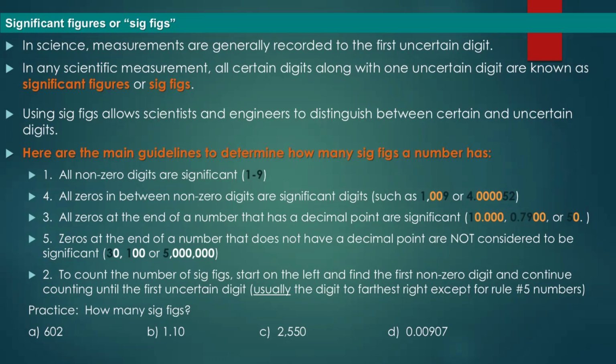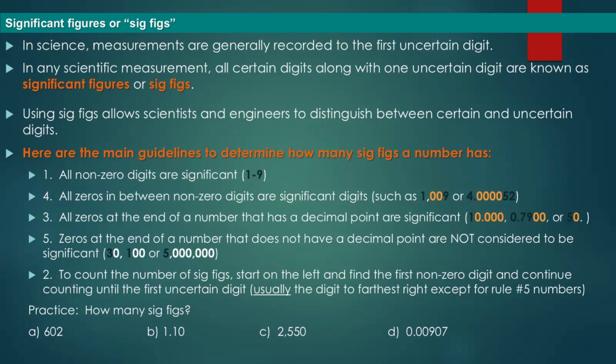Number 4, all zeros that you find in between any non-zero digits are significant digits as well. So I colored them orange. So in 1009, the 2 zeros in the middle, or 4.00052, those zeros are all significant digits.